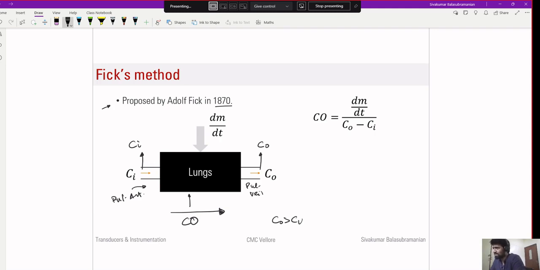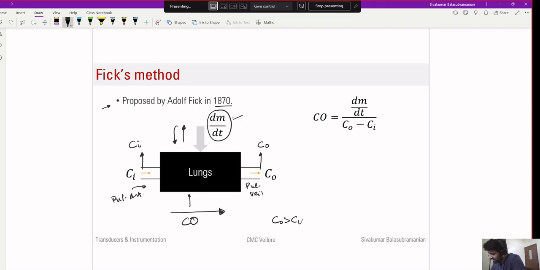Right. So now, in addition to monitoring Ci and Co, if you also monitor the rate at which oxygen is being absorbed into the lungs, this can be done by looking at the concentration of oxygen in the air that goes in and the concentration in the air that comes out, and the difference would tell you how much oxygen is absorbed in the lungs by the blood.